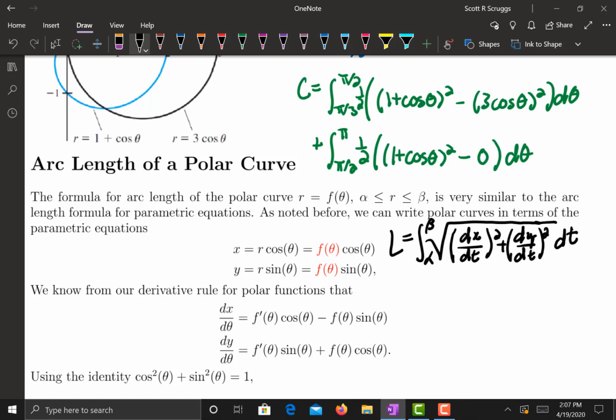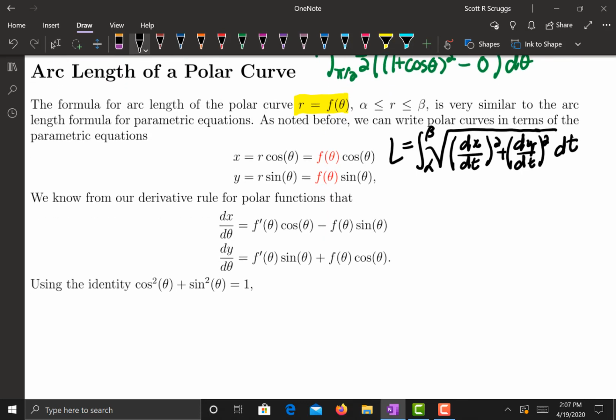Well, I now know that I can express x and y in terms of the parametric equations r times cosine of theta and r times sine of theta. And thanks to our general expression for a polar function, I can substitute f of theta for r. And also using product rule, I get these following two equations.